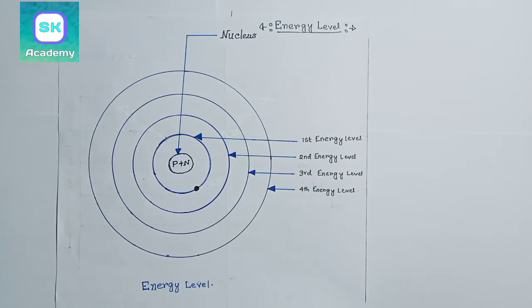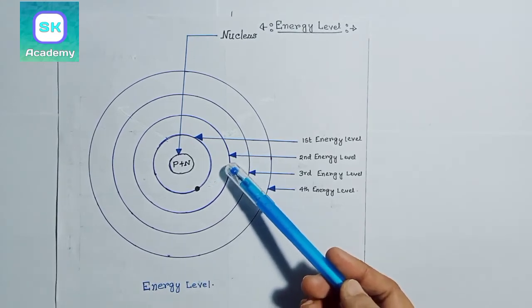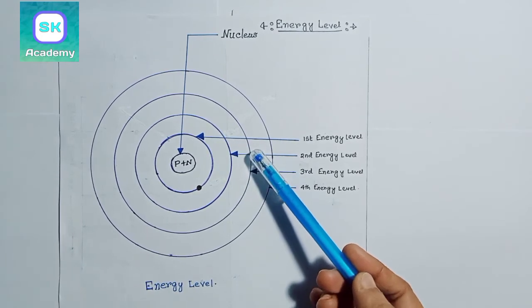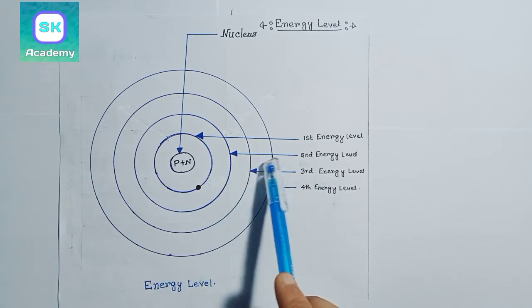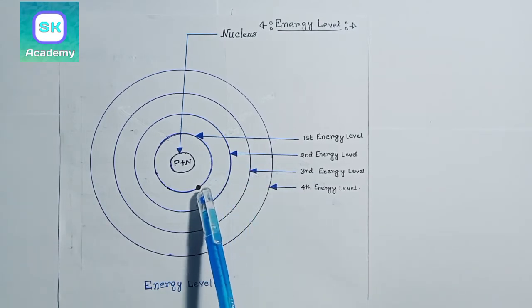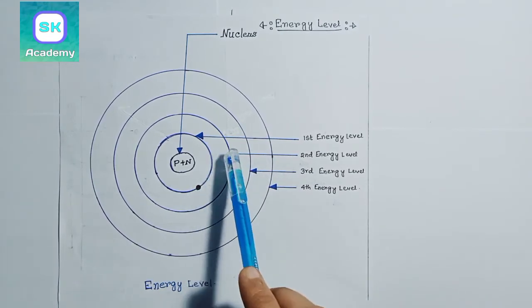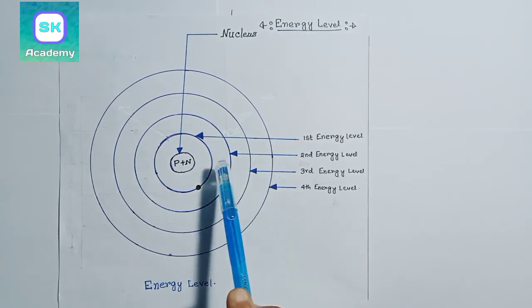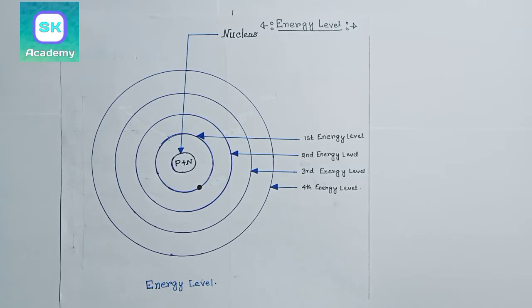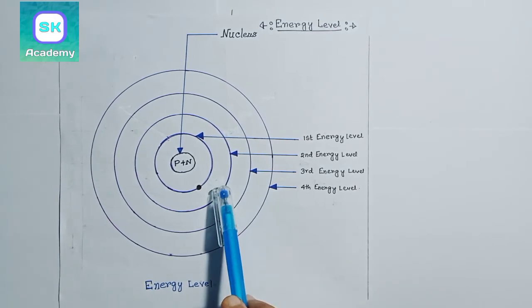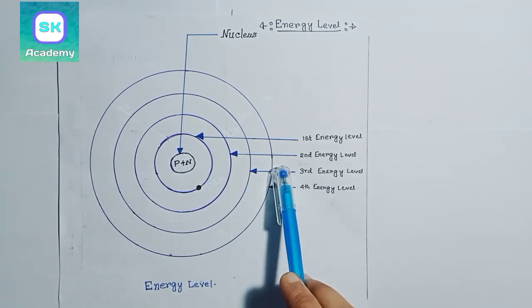Now what is energy level? Energy level is basically electron orbits from the nucleus. Electron can revolve only in these permitted orbits, not any intermediate orbits. Each orbit has a fixed amount of energy.